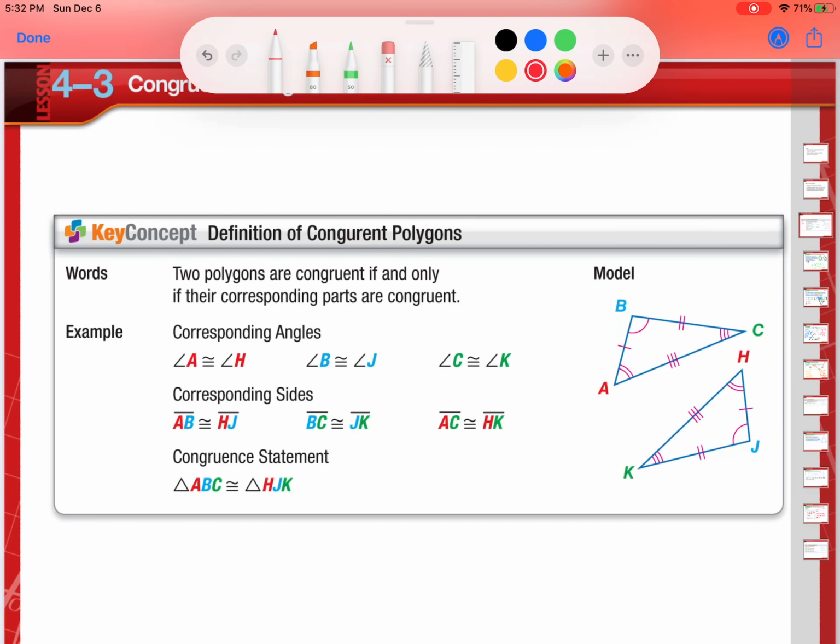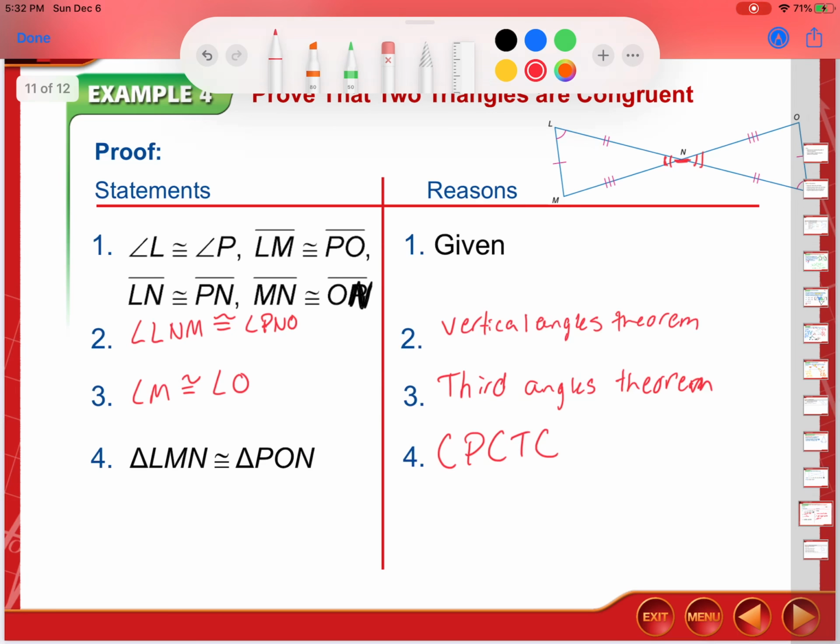So when we're talking congruent polygons, I think there might have been a congruent triangles slide on here, or I'm losing my mind. Two polygons are congruent if and only if their corresponding parts are congruent. So what CPCTC says is when all the parts are the same, that means the shapes are the same.